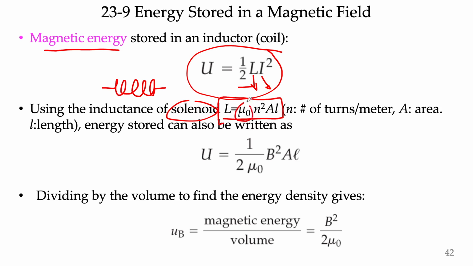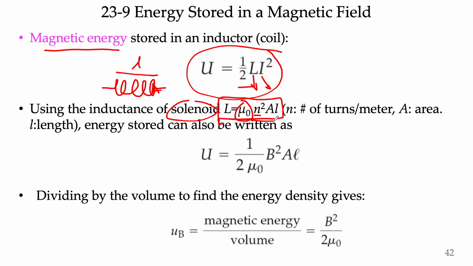Lowercase n is the density of the loops, so it's basically uppercase N divided by the length of the solenoid. This is the length of the solenoid, and A is the area of the loops, times length.